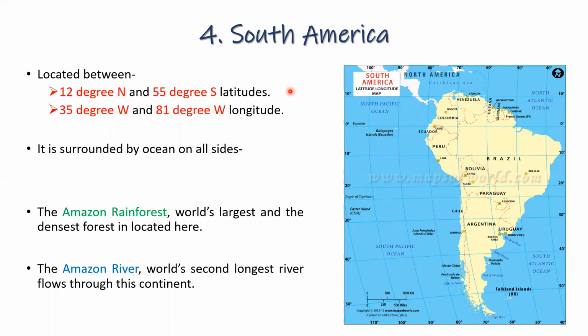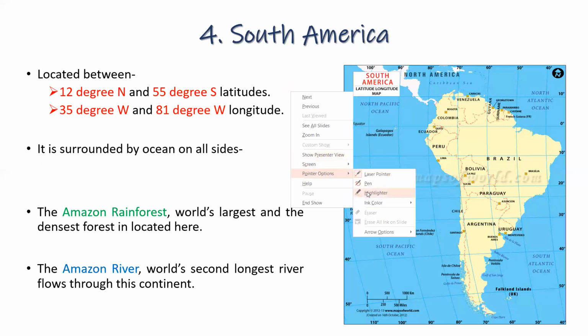The Amazon River, which is the world's second longest river, is also in the continent. So you have already read which is the largest river in the world. Yes, the Nile is the largest river in the world, which we find in Africa. And in South America, we find the second largest river, which is the Amazon River.